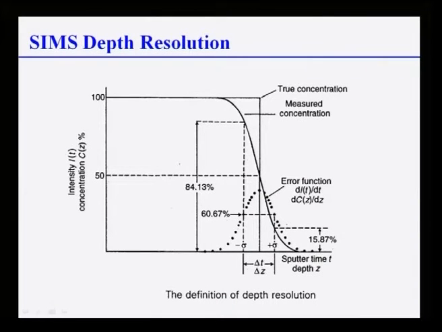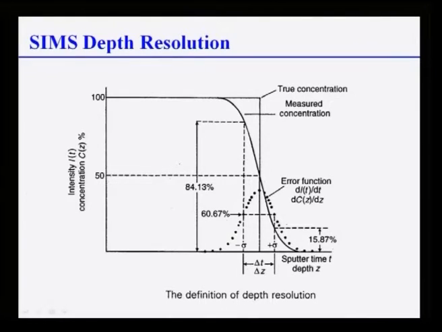Another important thing which SIMS allows you to do is the depth profile. What is it? One can slowly remove the material from the sample surface in the depth direction and measure the concentrations. The important aspect in such a case is the depth resolution. What we are showing here is the intensity or concentration of certain species as a function of sputtering time or depth.